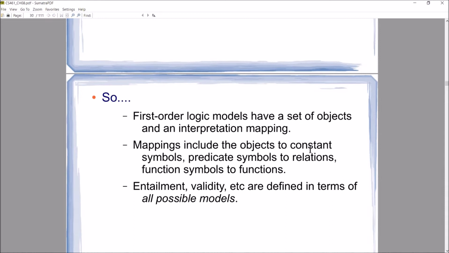So you've got objects to constant symbols, predicate symbols to relations, function symbols to functions. And so just like with propositional logic, entailment, validity, that's all going to be defined based off of all of the possible models.